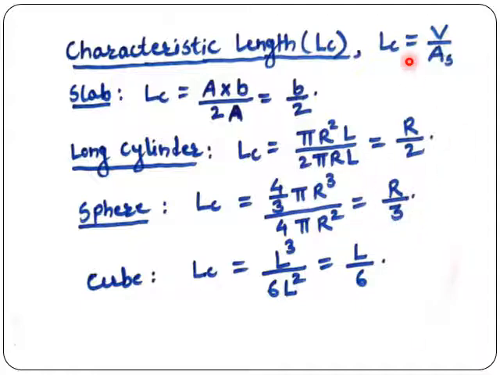So you need to remember: b by 2 for slab, r by 2 for cylinder, r by 3 for sphere. And for a cube, L cubed is the volume and 6L squared is the area, as there are 6 faces, so the characteristic length is L by 6. You calculate Lc separately and substitute it in getting the Biot number and Fourier number.